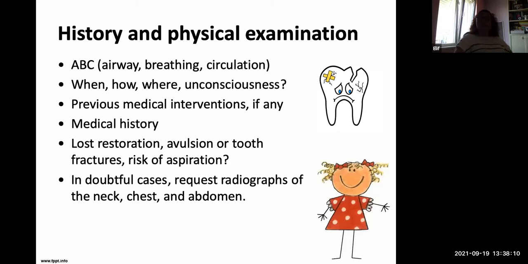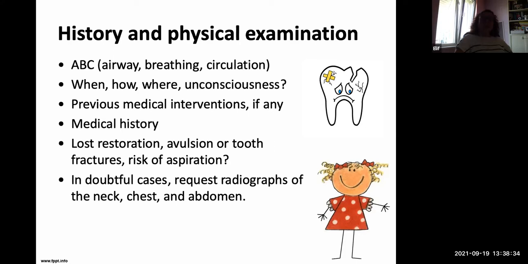During history and physical examination, we should check the ABC, which are the most important aspects of any emergency case. These are airway, breathing, and circulation. We should question when, how, where, and whether any unconsciousness happened during the injury, or any previous medical interventions.